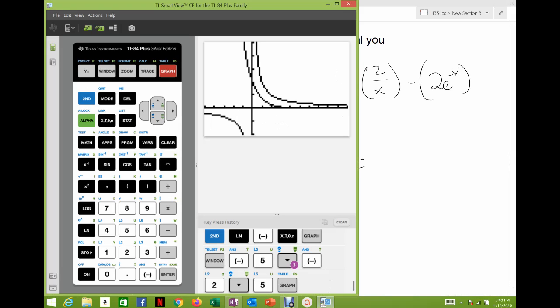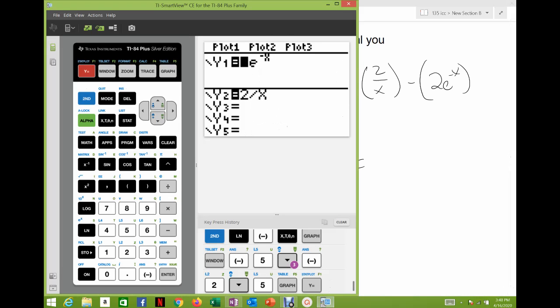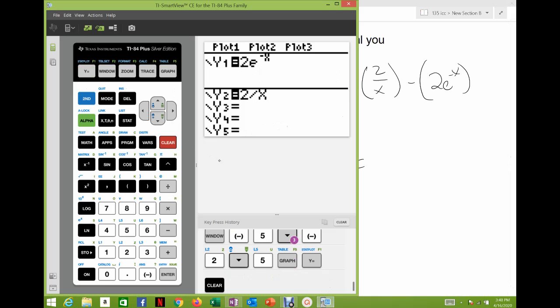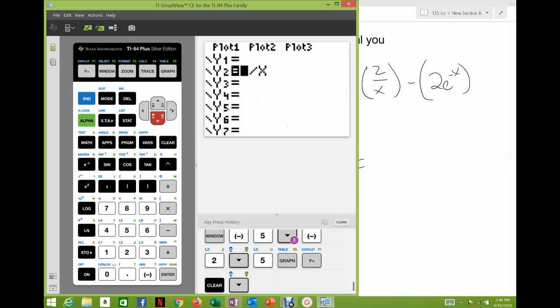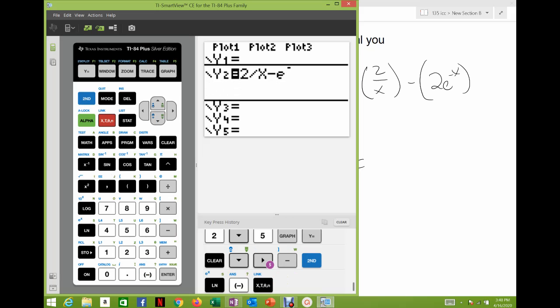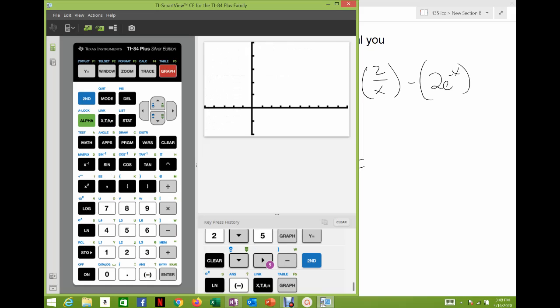So I'm going to go back to my graph, clear that one out, go to my second function here, and then subtract the e term from it. So minus e to the negative x graph, and so I've graphed a new function. This is an entirely new function, and I'm going to integrate it from 1 to 3.